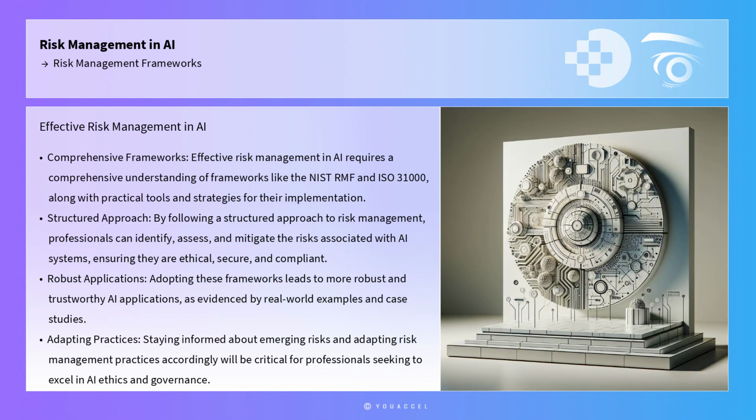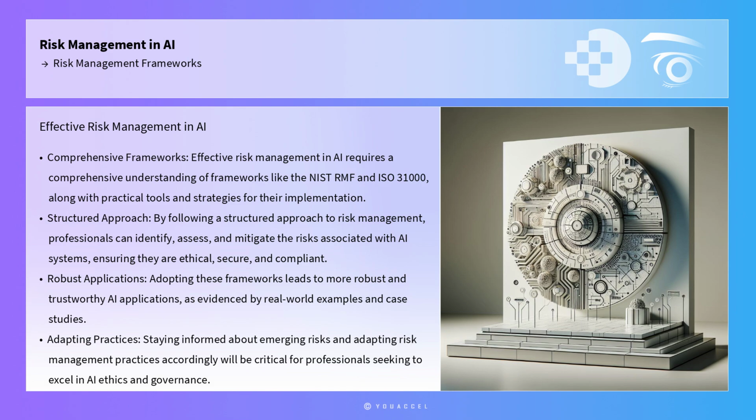In conclusion, effective risk management in AI requires a comprehensive understanding of frameworks like the NIST RMF and ISO 31000, along with practical tools and strategies for their implementation. By following a structured approach to risk management, professionals can identify, assess, and mitigate the risks associated with AI systems, ensuring they are ethical, secure, and compliant.